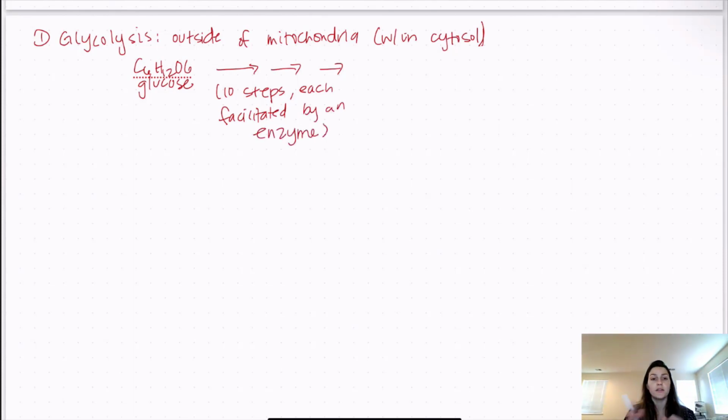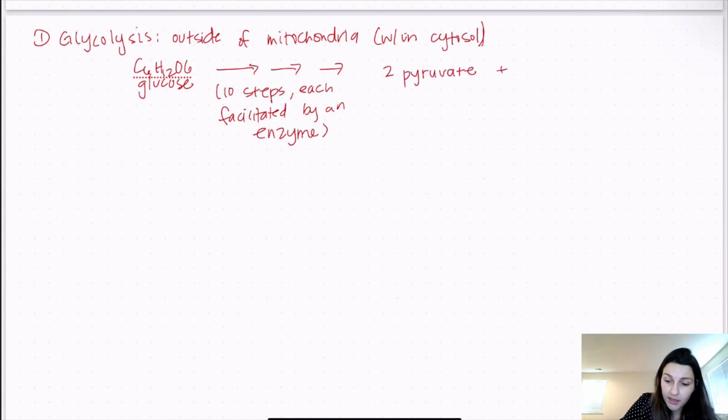So from glucose, C6H12O6, there's a bunch of steps, and each of those 10 steps has its own enzyme that does that specific step. And your result is this molecule. It's 2 pyruvate molecules.